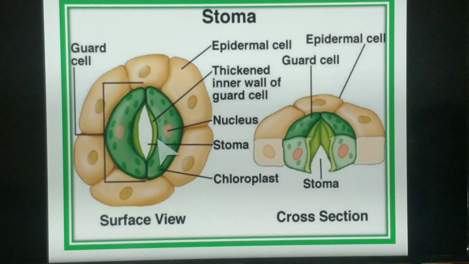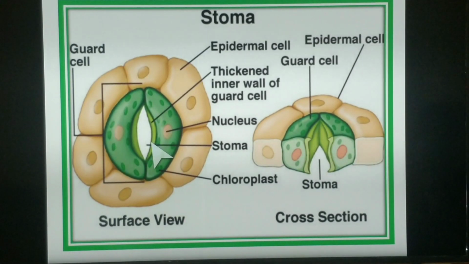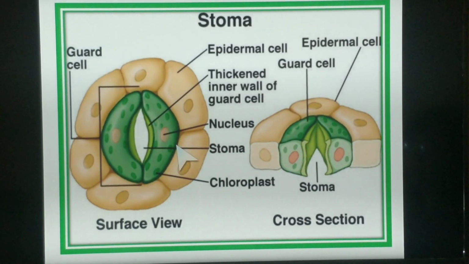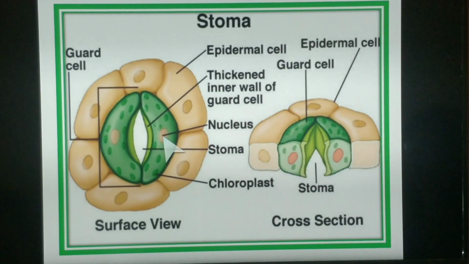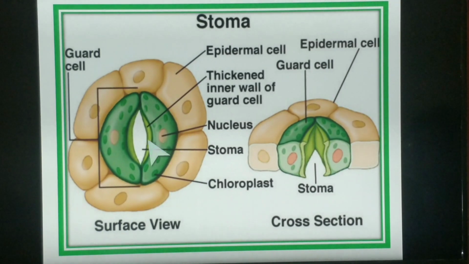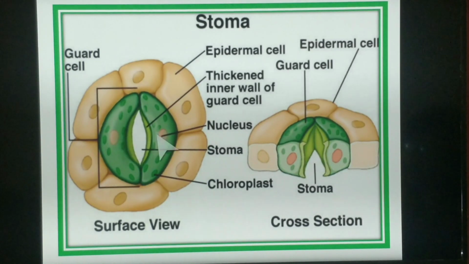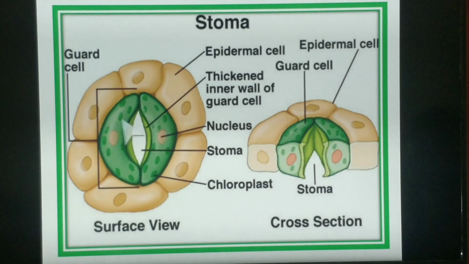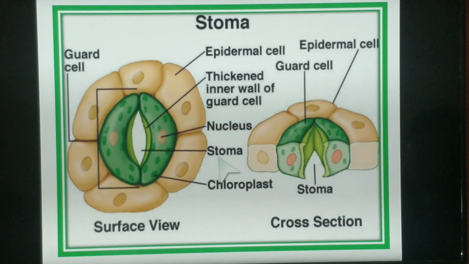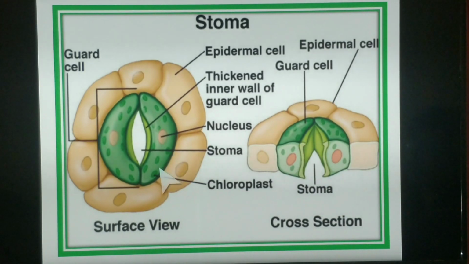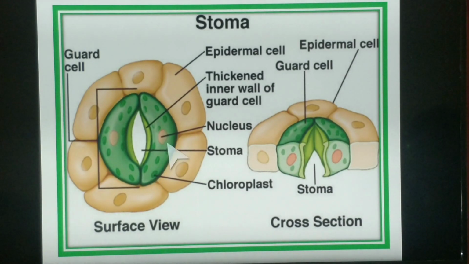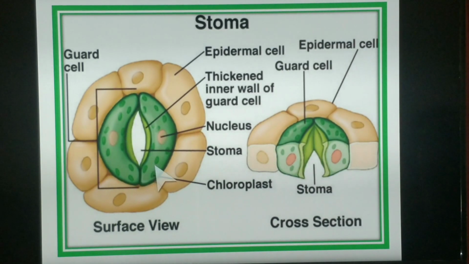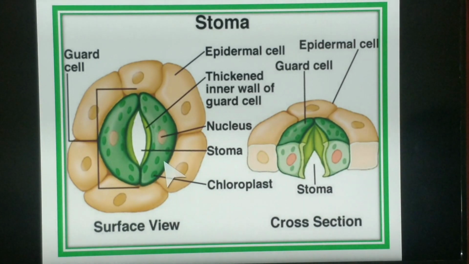The inner wall of the guard cells is thickened, whereas the outer wall is quite thin. These cells are living, as you can see that they possess a nucleus, and the opening between these two cells is called the stoma. You can see dark green spots inside the kidney shaped cells. These are the chloroplasts.